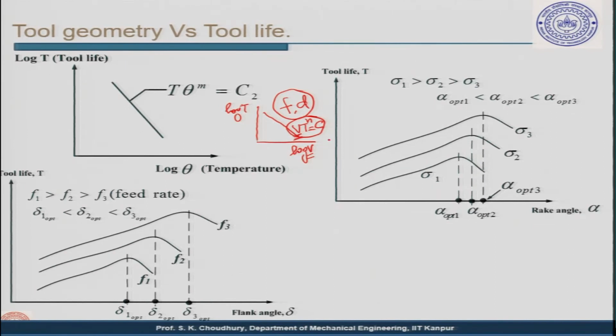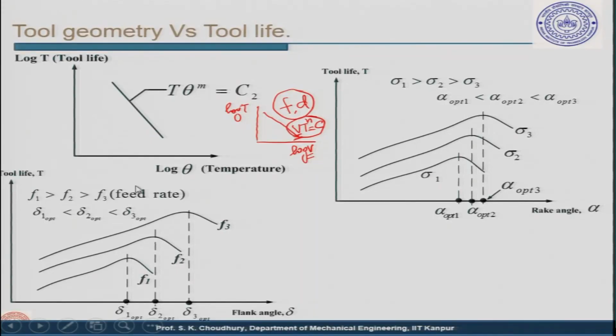Now this curve says that the effect on the tool life of the feed, depth of cut and velocity can be combined in terms of the temperature. As you increase the speed, the feed, or the depth of cut, the combined effect is that the temperature increases.